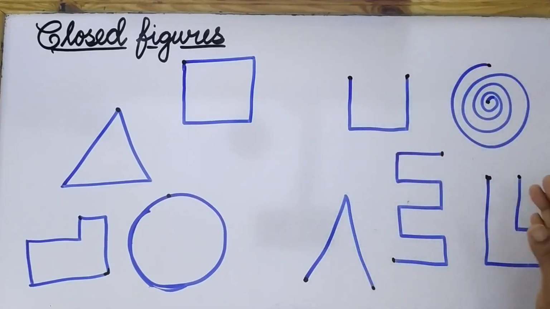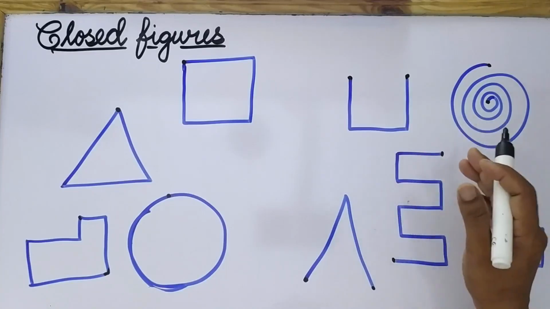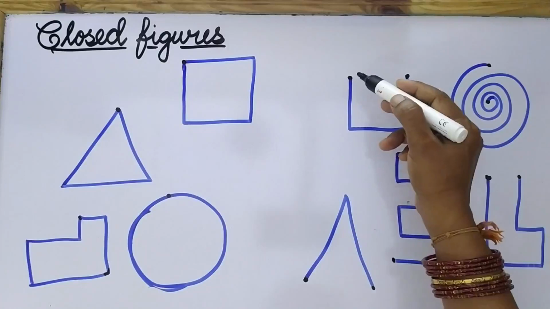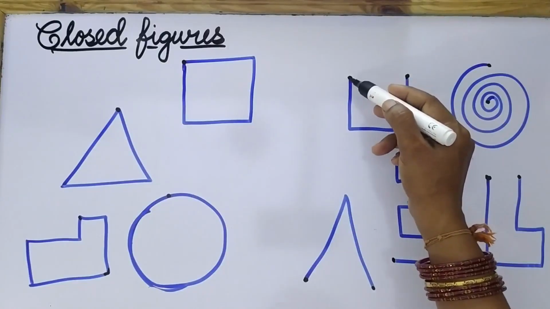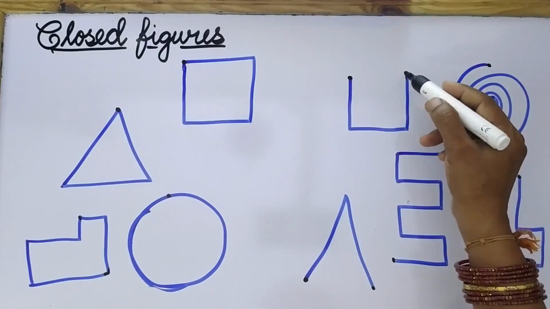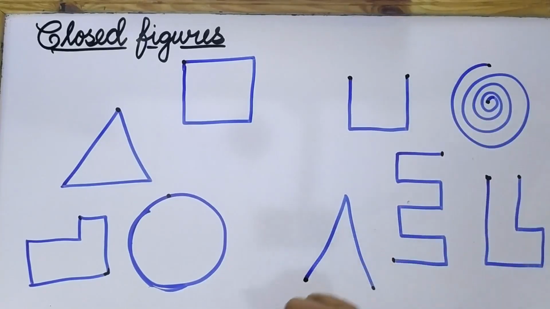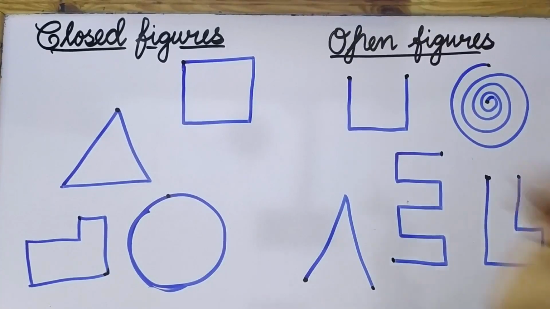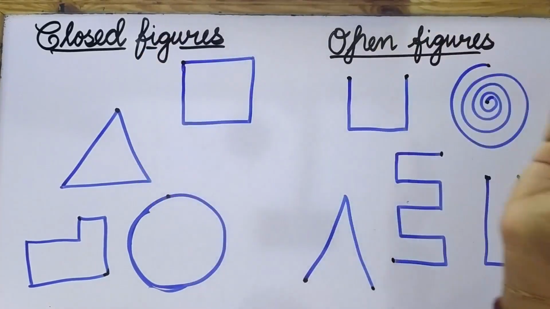All these figures have different end points, if you start at one point the ending point will be different. Such figures are called open figures. Alright, so this is all about closed figures as well as open figures.